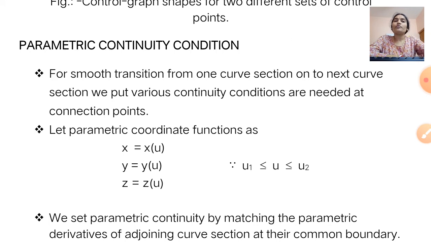Various continuity conditions are needed at connection points. Let the parametric coordinate functions be x equal to x of u, y equal to y of u, z equal to z of u, where u1 is less than or equal to u, which is less than or equal to u2. That means u is in the range of u1 and u2.